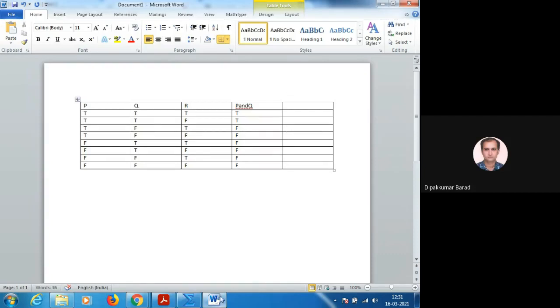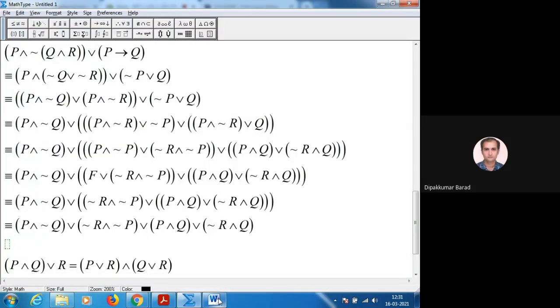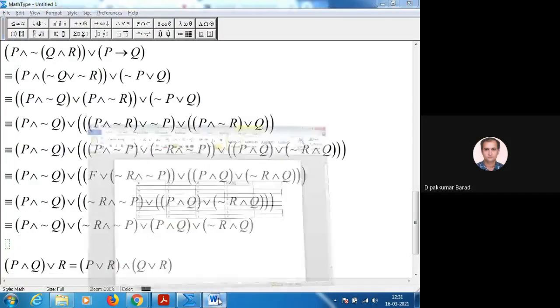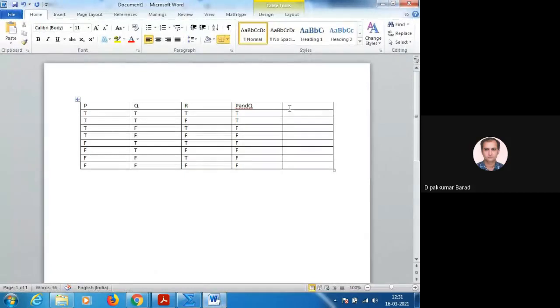And second thing, I have to write P and Q, and then or R, so in brackets (P and Q) or R. Now I have the column of R and the column of P and Q. So T or T, true; T and F, true.